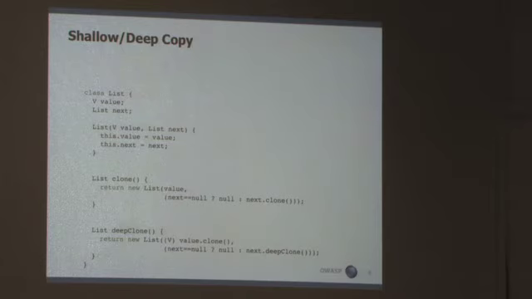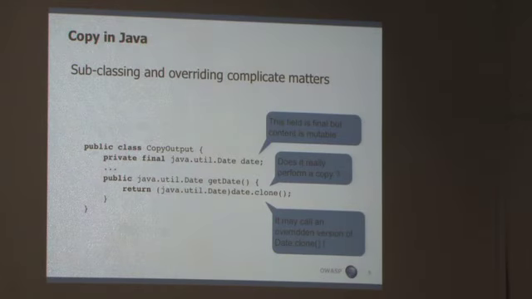So those are different ways of doing it, and there are even other complications to this. I mean, subclassing and overriding will complicate matters even further. So here's a short example from copy on output, where you have a private final field date. So the field is final, but the content is still mutable.